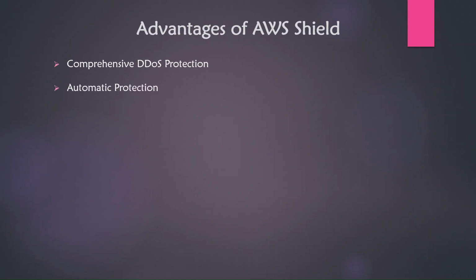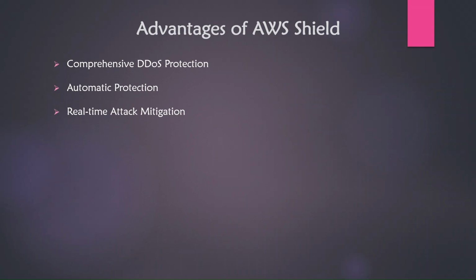Automatic protection: AWS Shield Standard is automatically enabled for all AWS customers at no extra cost. This ensures that applications are protected against common DDoS attacks without the need for manual configuration or intervention, simplifying security and management.